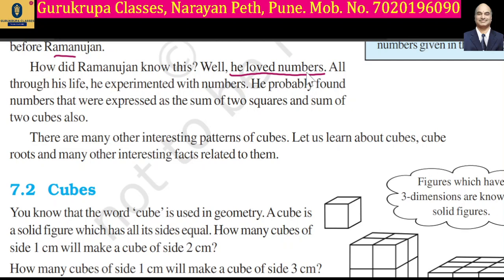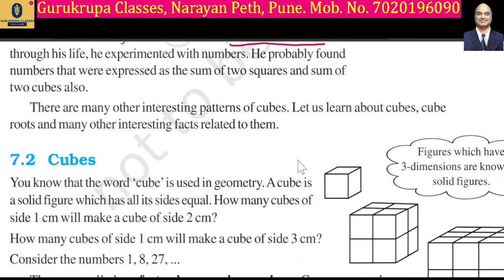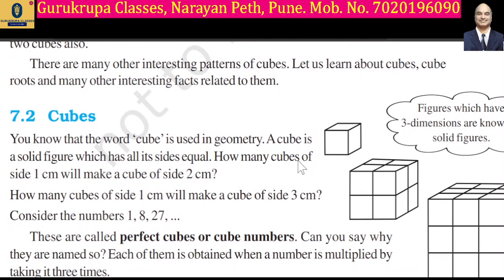He probably found numbers that were expressed as a sum of two squares and sum of two cubes also. There are many other interesting patterns of cubes. Let's learn about cubes and cube roots and many other interesting facts relating to them.